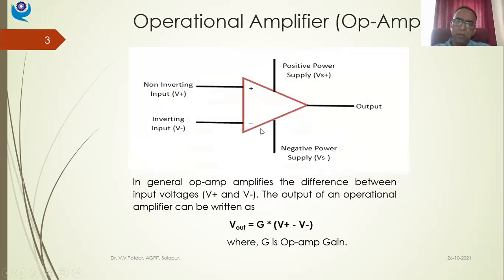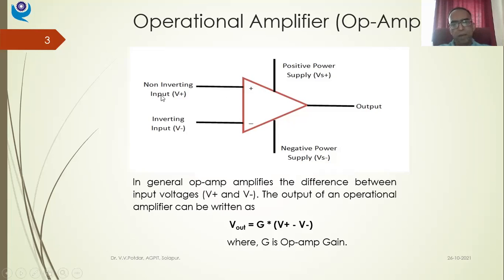This is how the operational amplifier, or op-amp as it is popularly called, is symbolized. You have a horizontal triangle, then you have 5 terminals. Across these faces, we have the supply voltage that is given, Vs positive and Vs negative. This is the positive power and negative power given to this operational amplifier.